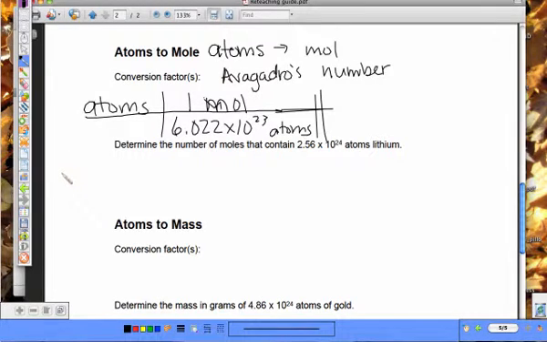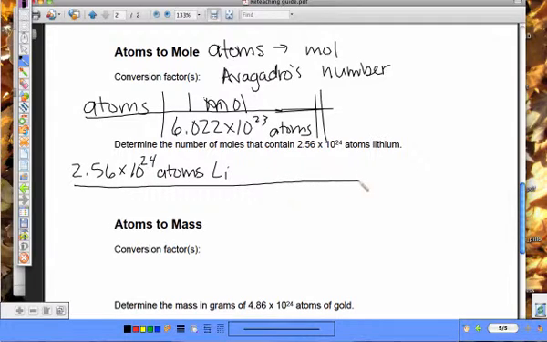So we have 2.56 times 10 to the 24th. We need atoms on the bottom to make sure our units cancel out. There's always 6.022 times 10 to the 23rd atoms in 1 mole of any element.